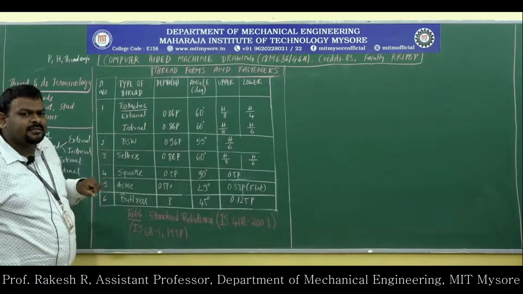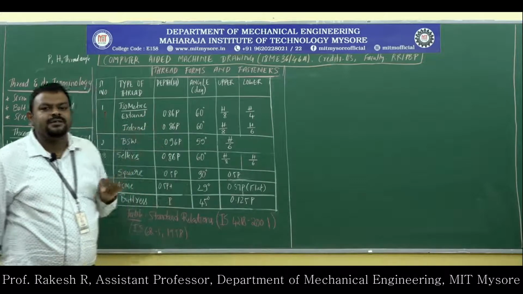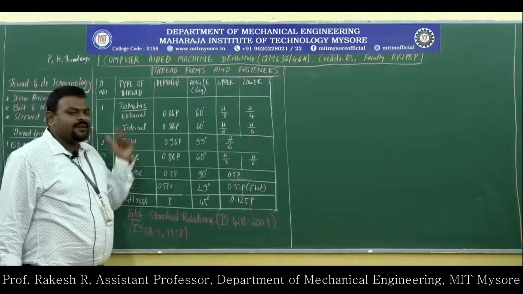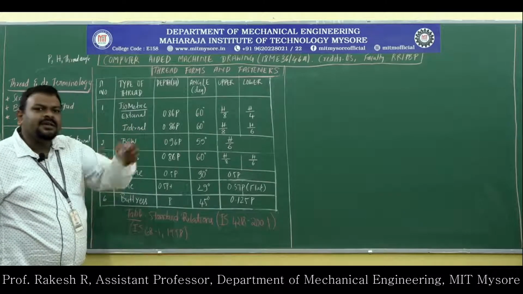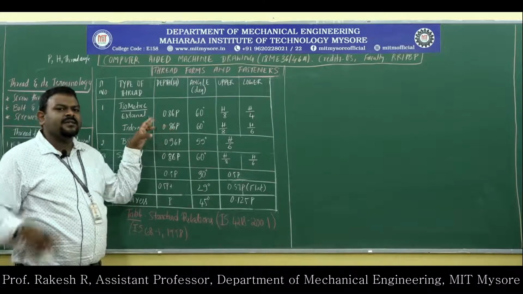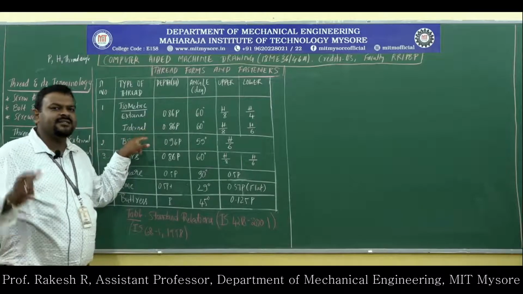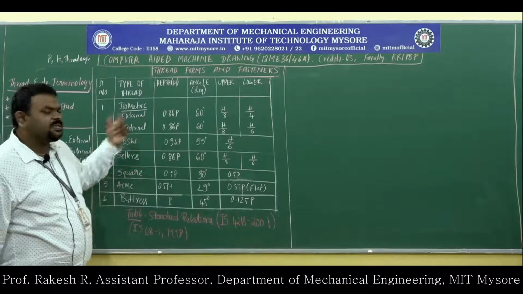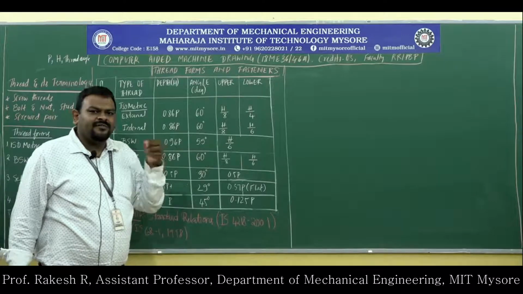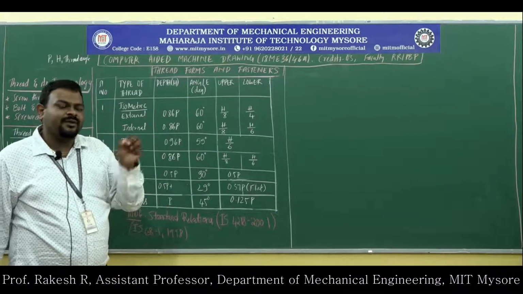As I already said, external thread means you have a thread on the outer surface of the cylinder. Internal thread means you will be having a thread on the inner surface. So in other words, they can ask male thread is nothing but external thread, female thread is nothing but internal thread. Or sometimes, instead of external thread, they will be asking a bolt.